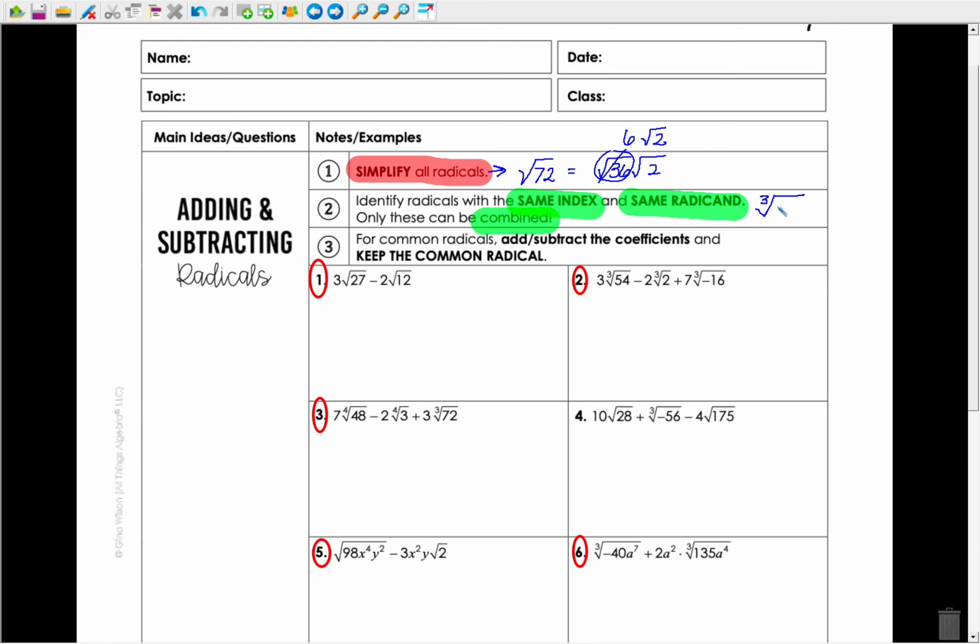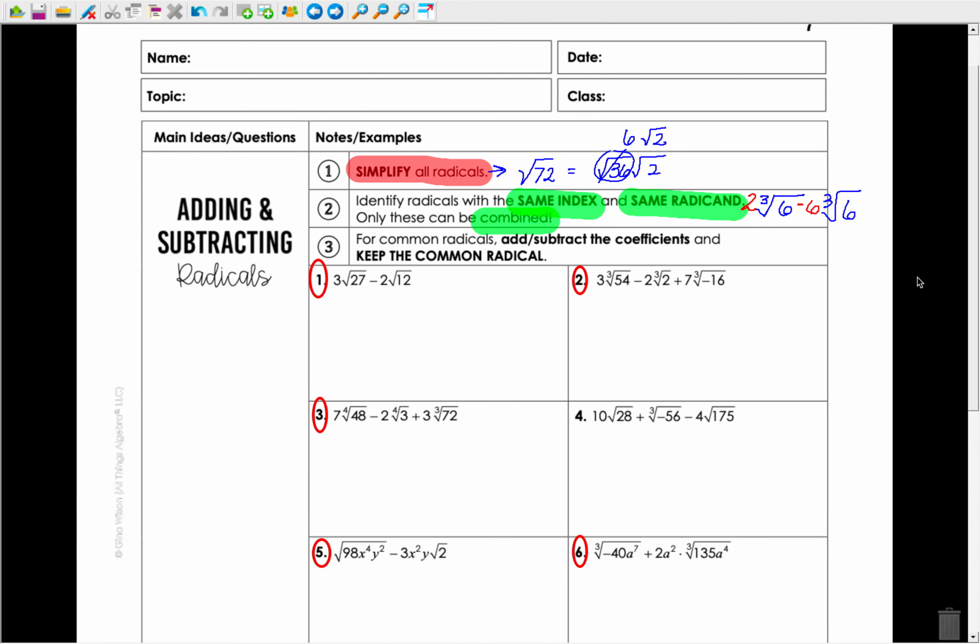For example, the cube root of 6 and the cube root of 6. If you have the exact same radical, the exact same index, then whatever they have for their coefficient, meaning the number in front of them, you would be able to work with as like terms.